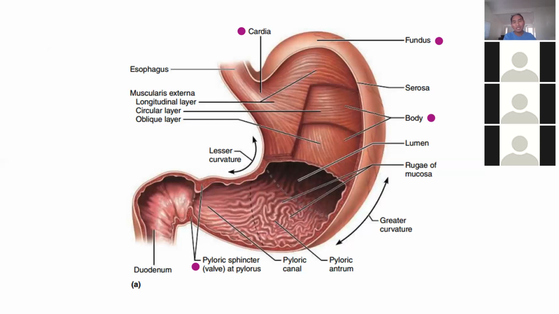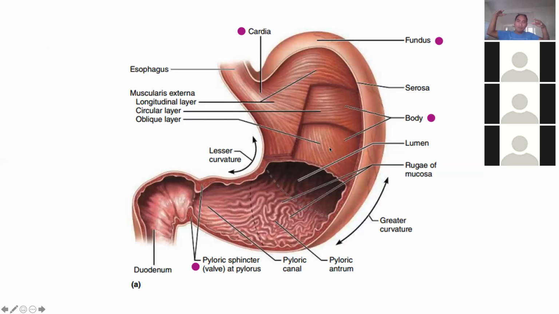So it has one more extra muscle layer, which is the oblique layer, which is the innermost layer of the stomach.